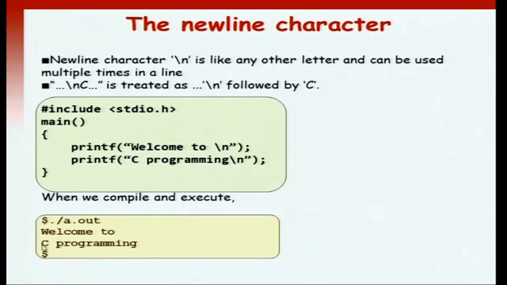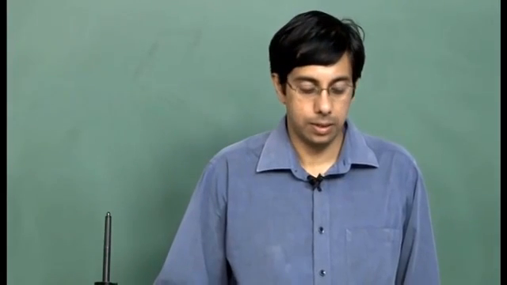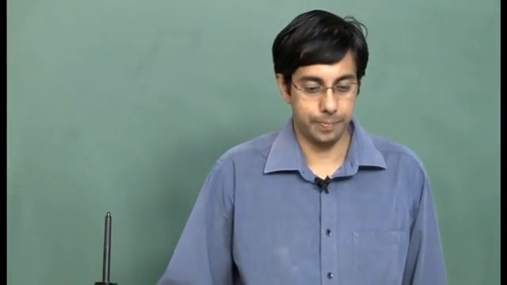So printing will start from the next line, and then it will print the next message, which is C programming. So it will print that, followed by a new line. So the prompt will appear on the line afterwards. So a new line character is something that is used to make your output messages a little prettier.